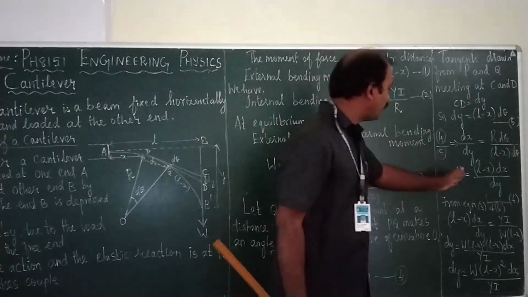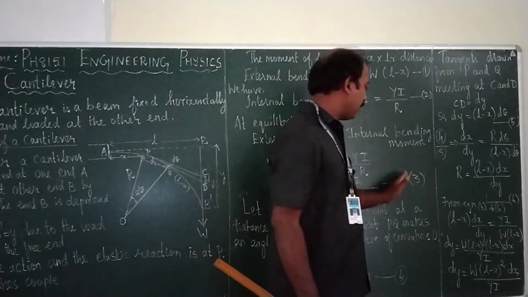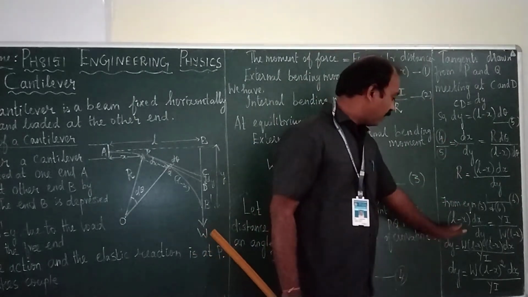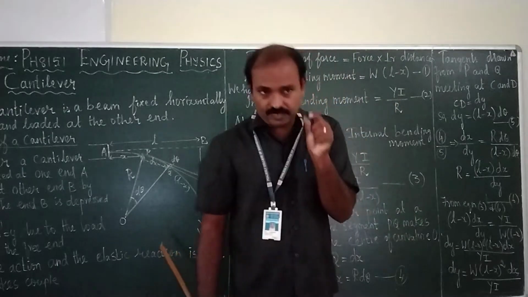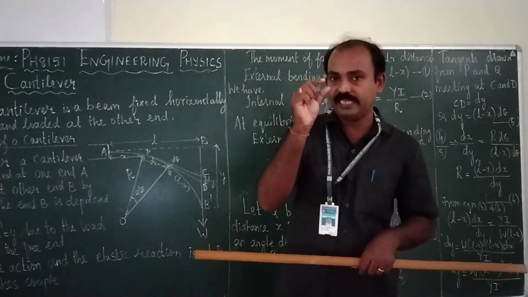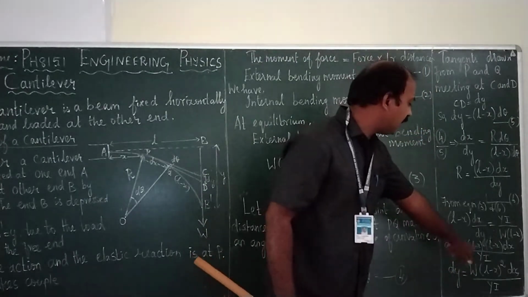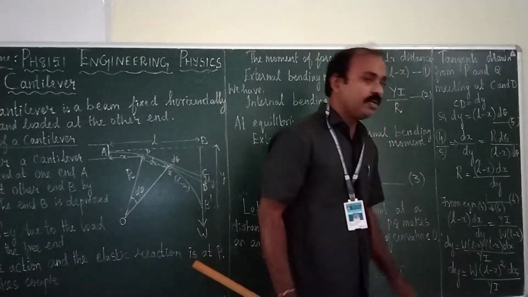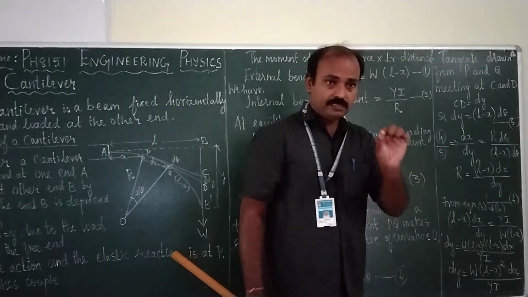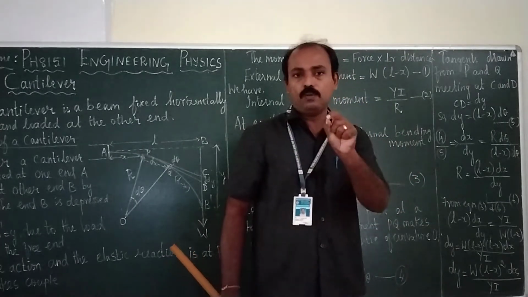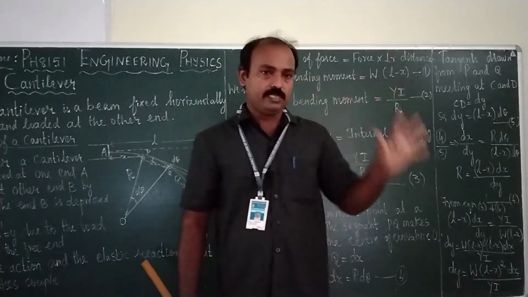Just equate these two, equation number 3 and 6. Then from this you can get a small deflection. The small deflection dy is equal to W into L minus x the whole squared into dx divided by YI. From this the entire deflection, that is small y, is going to be calculated.